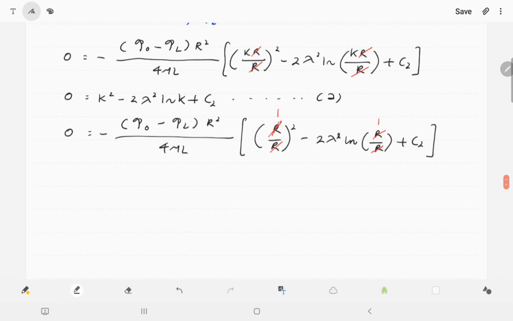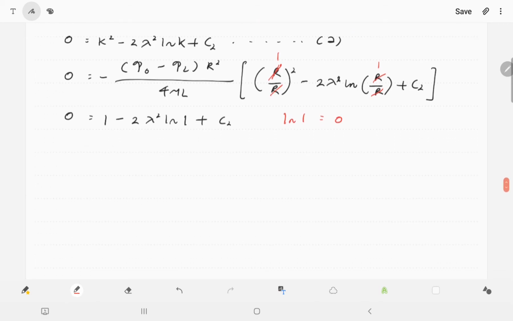Then 0 will be equal to 1 minus 2 lambda square ln 1 plus C2. Note that ln 1 is equal to 0. So in this case, 0 will be equal to 1 plus C2, so your C2 will be equal to minus 1. And this we define as B.